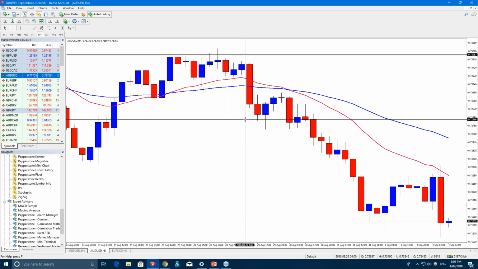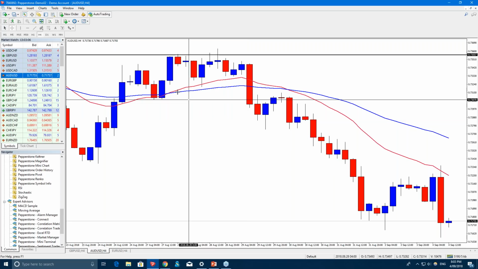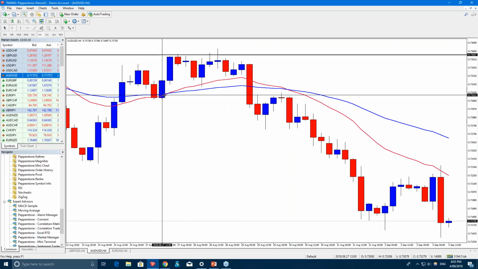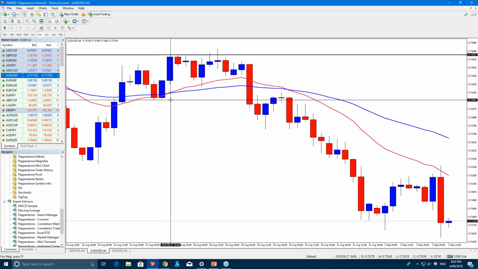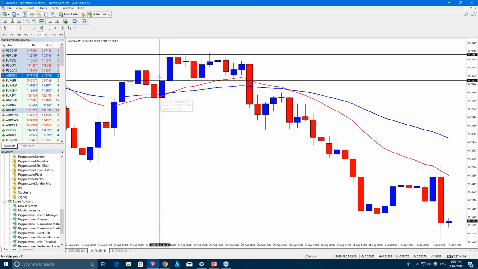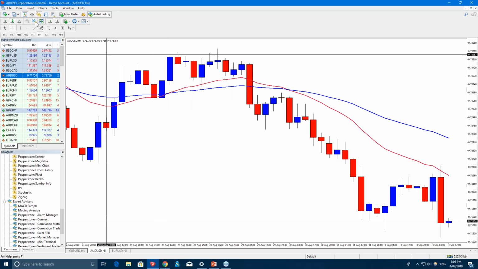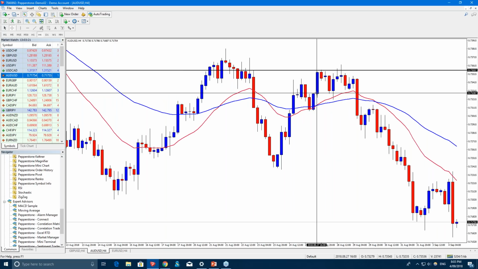Even with the other one, we can see the cross previous to that where the red crossed from below to above the blue. I'm sure everybody knows what that little candle pattern is. It's an engulfing. Now, although it didn't go a lot of pips, this is a 4-hour chart. If we measured that out, how many pips is that, Thomas? What do we got there? Just under 30.